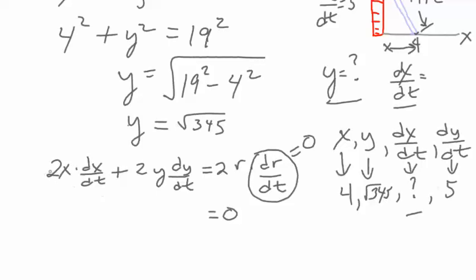And then we can multiply through by a half all the way across to get rid of these 2's right here. So we end up with x times dx over dt plus y times dy over dt. Alright, now we can go ahead and plug some numbers in.